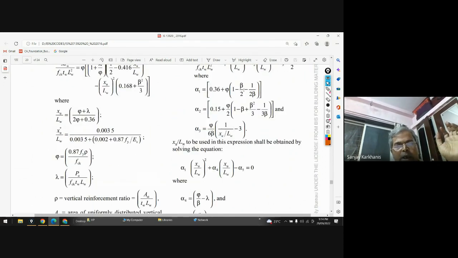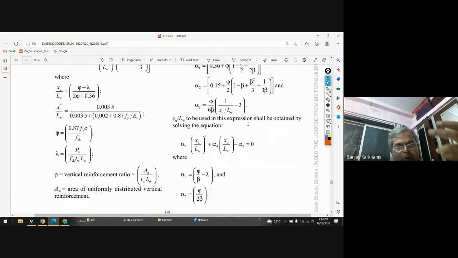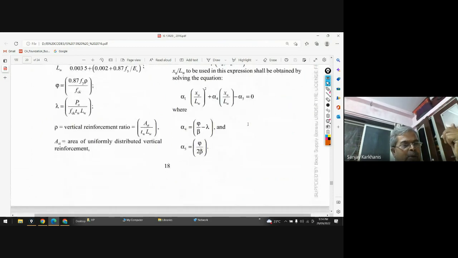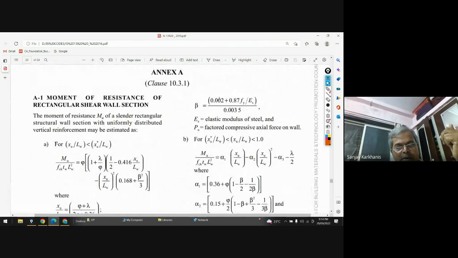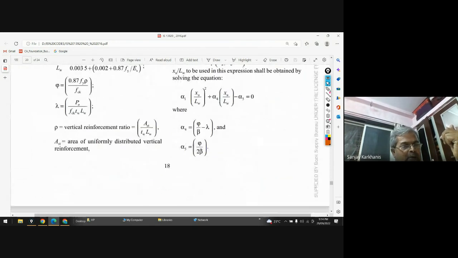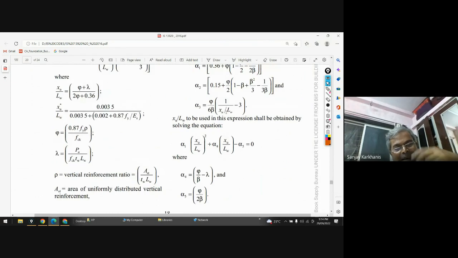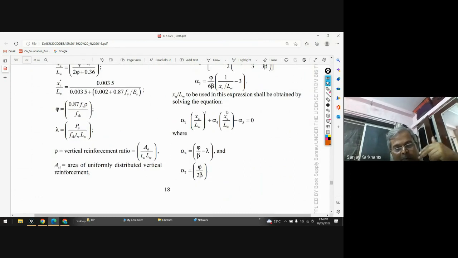Alpha 1 is like this, then alpha 2 is this, and alpha 3 is this, and then again this all depends on beta and gamma, and then 1 upon 3 beta. Then you can see what that beta and gamma are. So it's a complicated formulation.